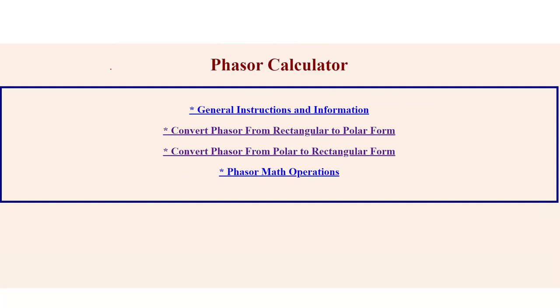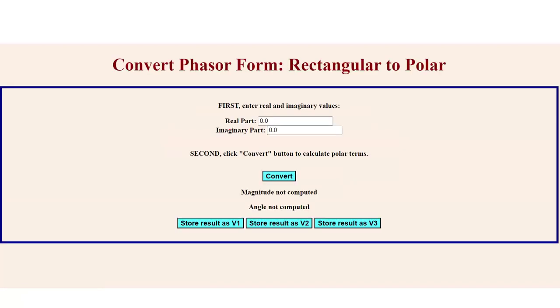Then we can go ahead and check our second term, V2. V2 we want to convert from rectangular to polar. And in this case, I know my real part, A, was equal to -4. My imaginary part, B, was equal to 3. I click convert. I see my magnitude is 5.